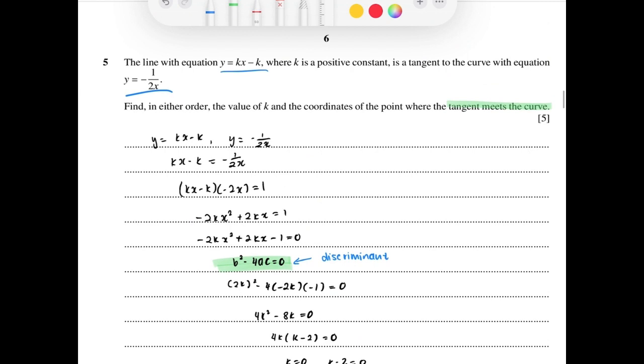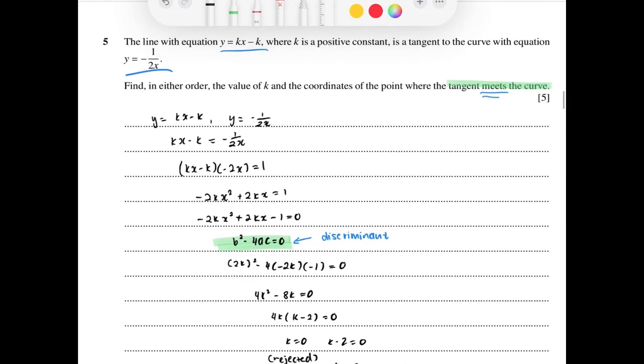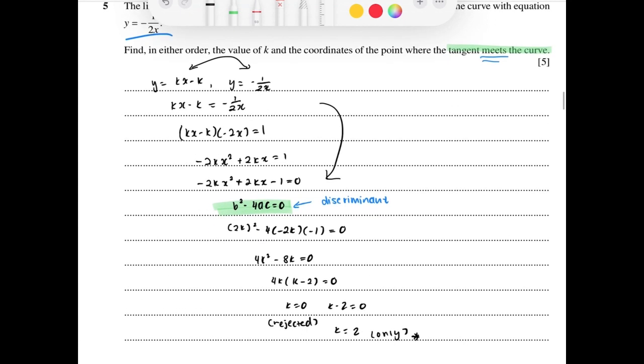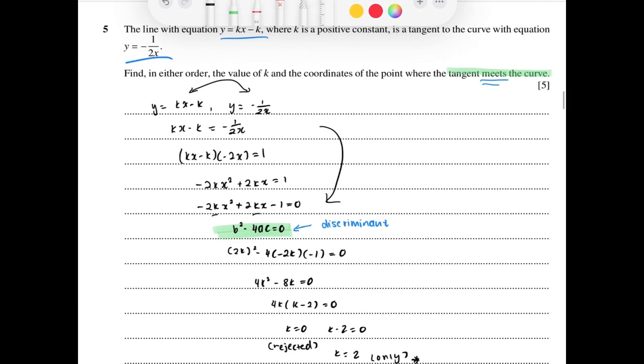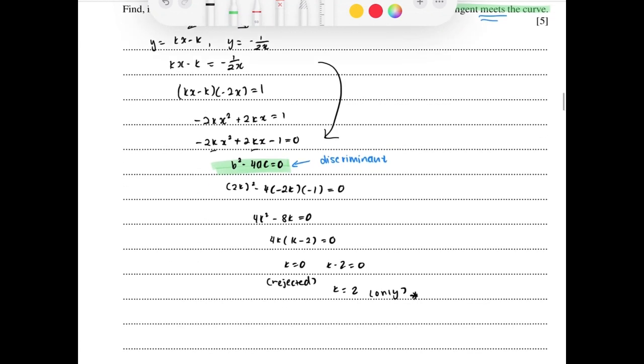And when you see the word meet, it often involves the intersection point, right? So what I did was I equated these two equations together, and then you get this. You see k and you don't know what to do. But remember discriminant: when you see tangent meets the curve, it's where b² - 4ac equals 0.